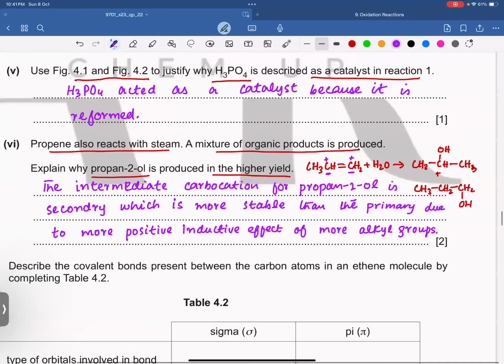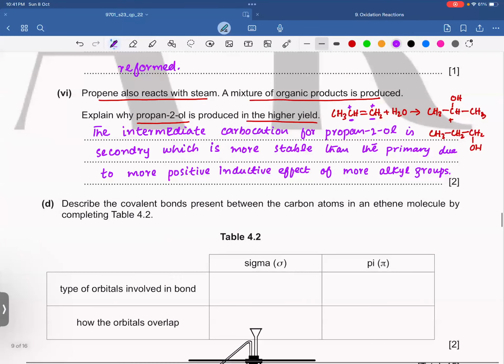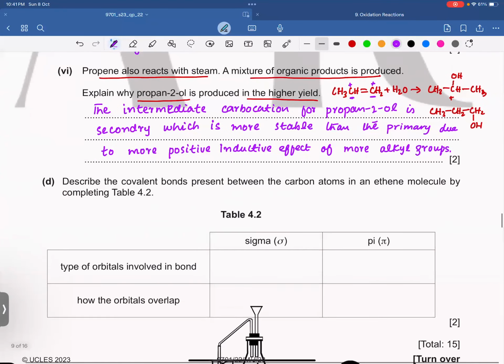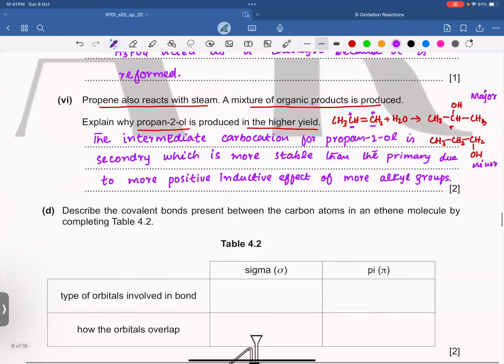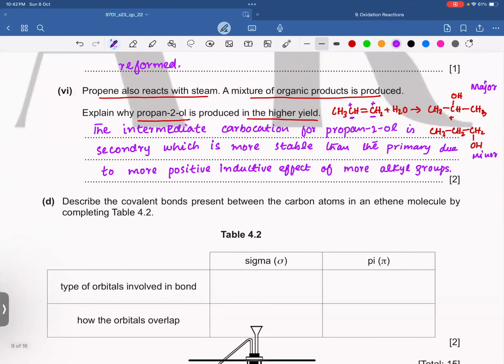Is this clear? So that's why it is going to be a major one and this one is going to be a minor one. Yes, Abdullah and Saeed, is this clear? Yeah.